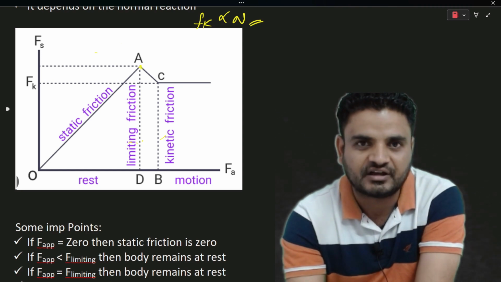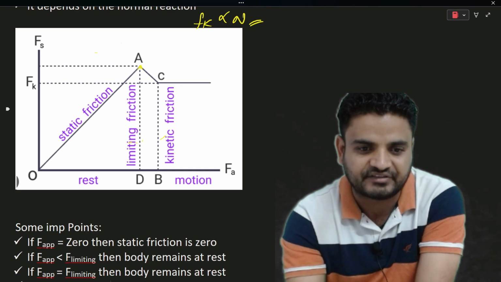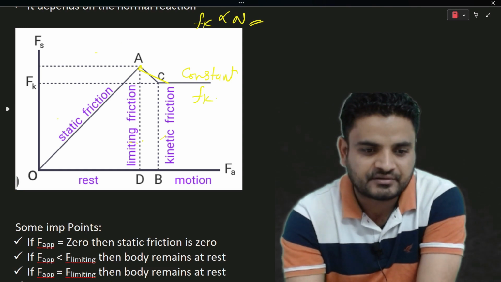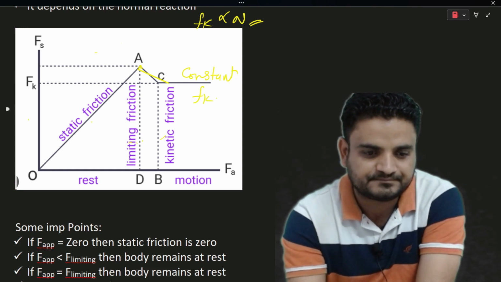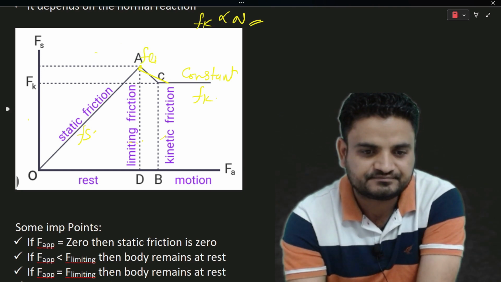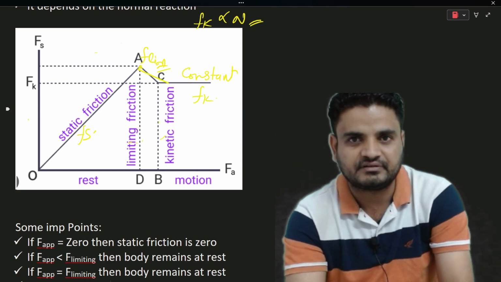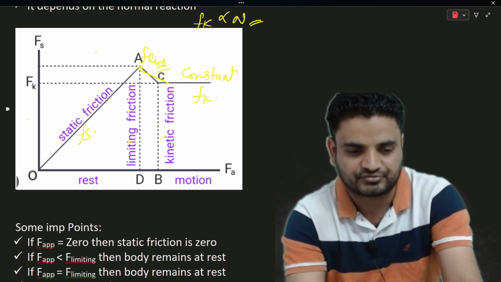That point is our limiting friction. After that, the body will start to move and suddenly the friction value decreases, and after that it is constant. See, it is constant, and it is kinetic friction. This is static friction, okay, and this is limiting friction. So this is the graph of friction and applied force.